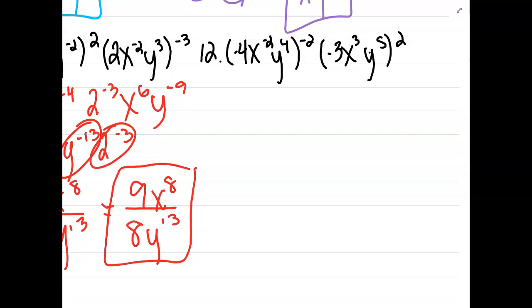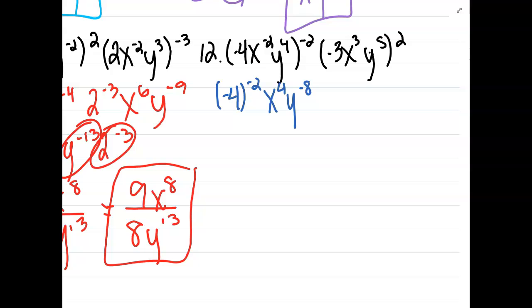Now I'm telling you, anytime you take a number raised to a negative power, you're just going to have to leave it. So this is going to look like this, negative 4 to the negative 2nd. I can't evaluate that until the negative 2 becomes a positive 2, and I do that by moving it to the denominator. Now, x to the negative 2nd to the negative 2nd, power of a power, multiply those together, you get x to the 4th. Do the same thing with the y's. 4 times negative 2 would be y to the negative 8.